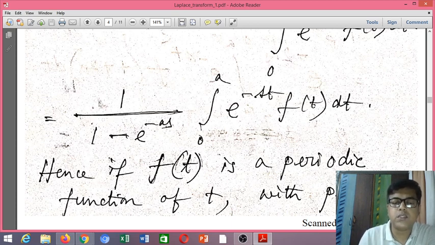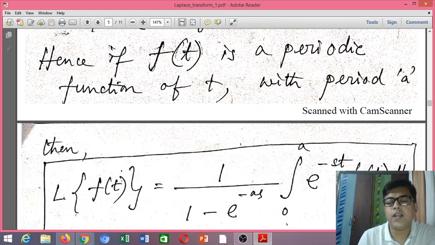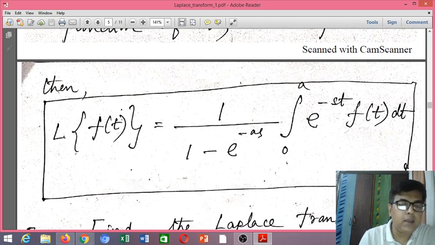So this is the result that we get for finding the Laplace transform of a periodic function. If f(t) is a periodic function with period a, then the Laplace transform of that periodic function will be 1 by 1 minus e to the power minus s, into the integral from 0 to a of e to the power minus st f(t) dt.